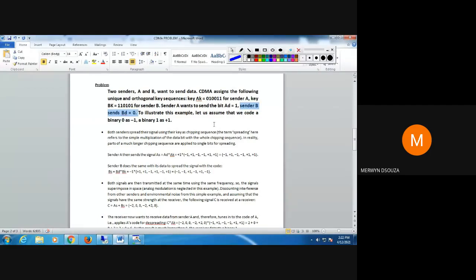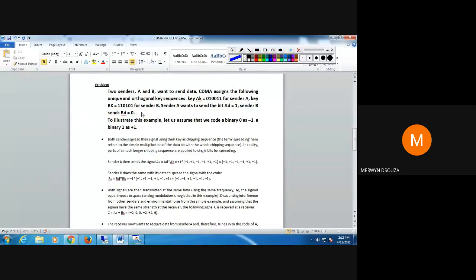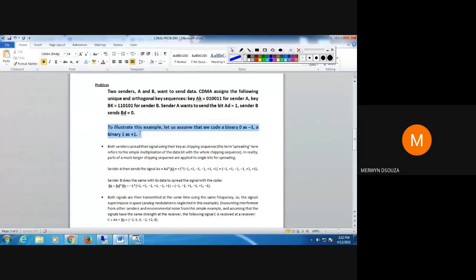Remember, as I discussed in class, whenever we are sending a binary 0 across, we will replace it with -1. So a binary 0 will be replaced as -1, and a binary 1 will be replaced as +1. That is what we will replace and then start solving.